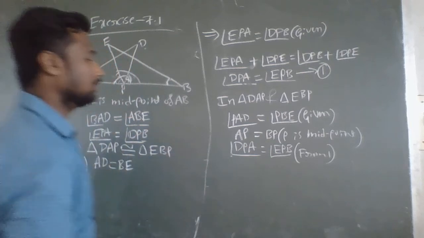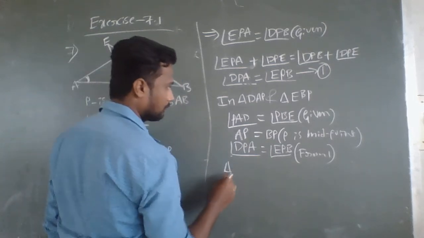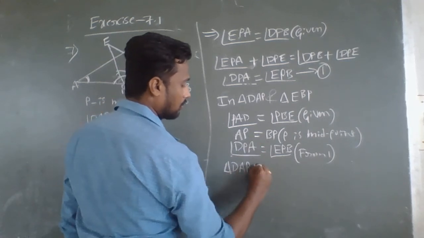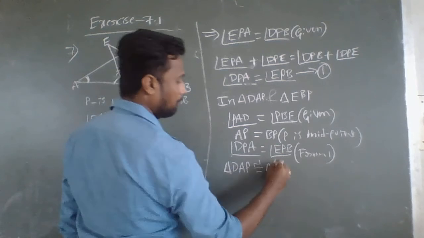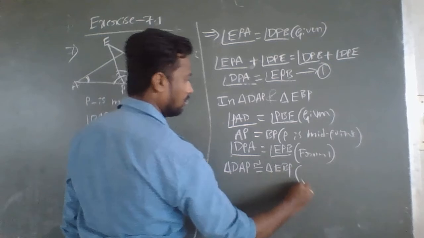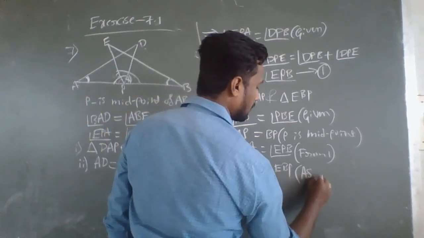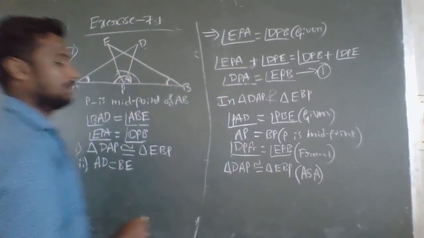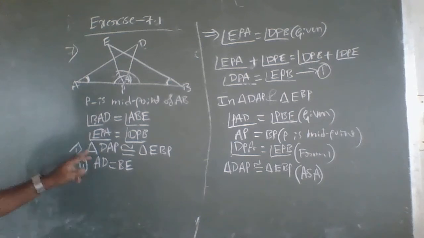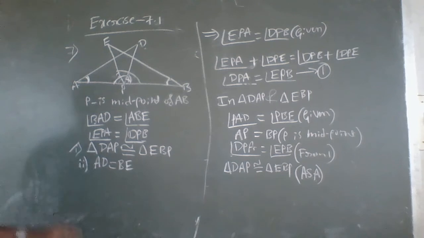So here we prove this. Now triangle DAP is congruent to triangle EBP by angle side angle, ASA. So we prove the first one.